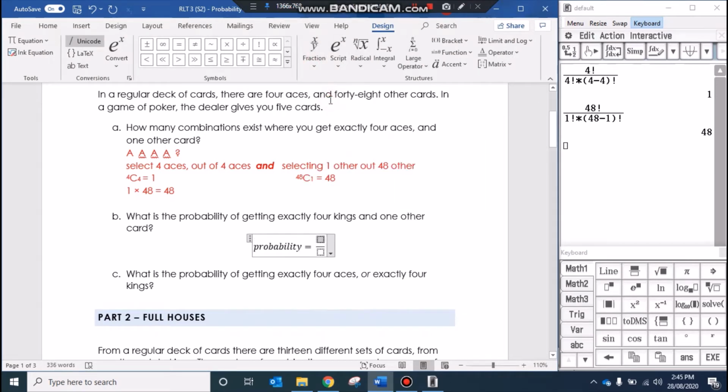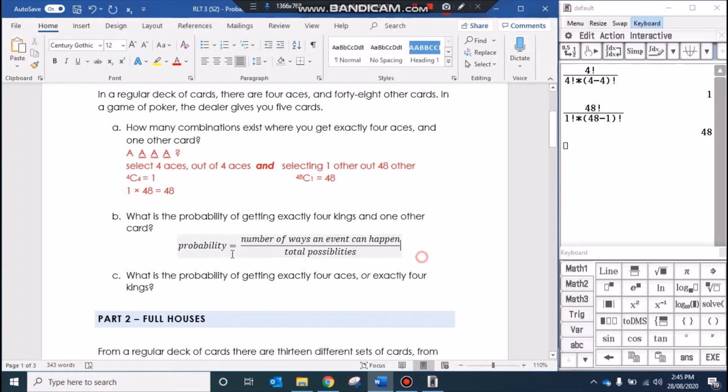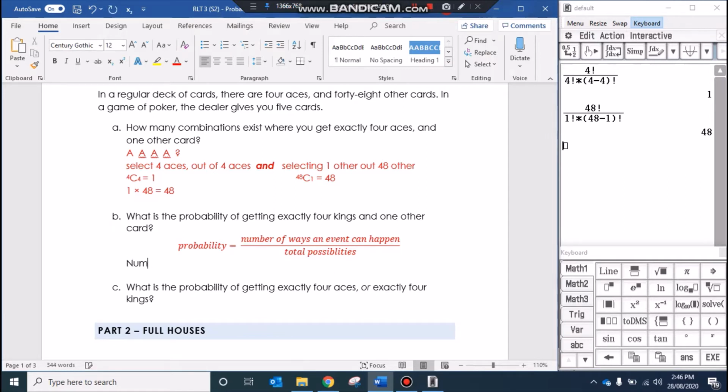The probability is the number of ways an event can happen divided by the total possibilities. In this case, our event is getting exactly 4 kings and 1 other card.